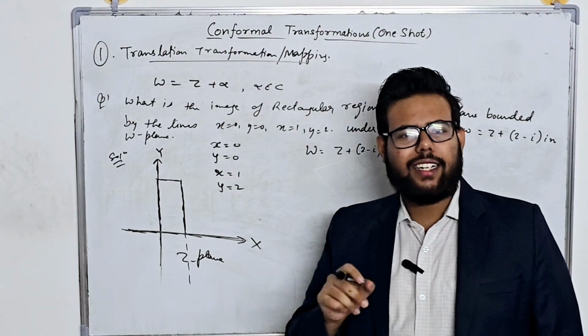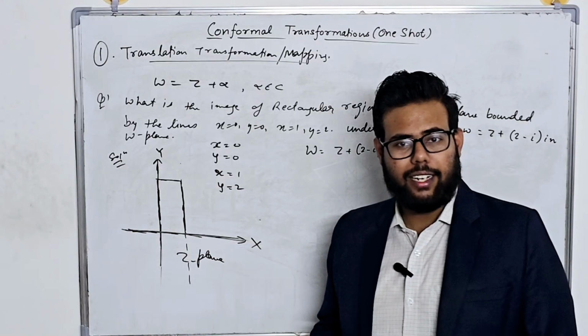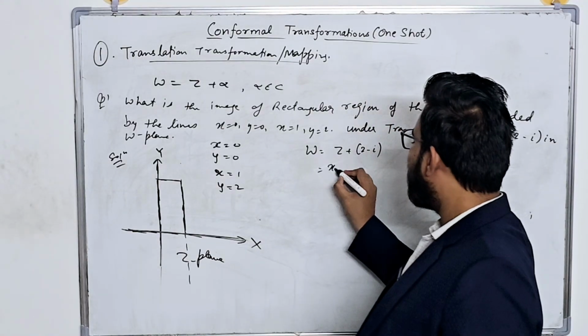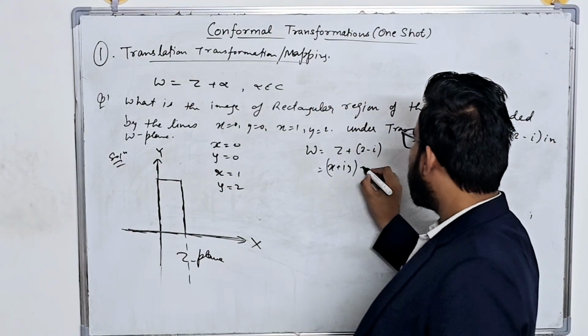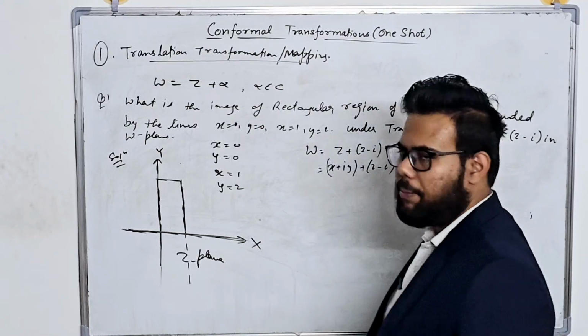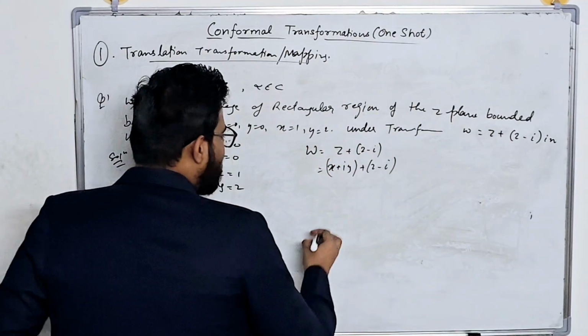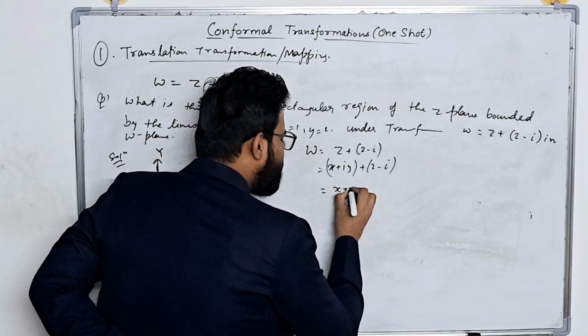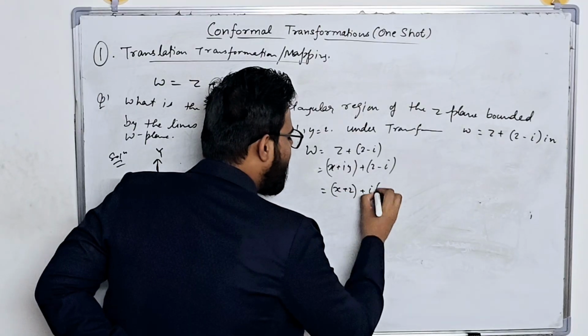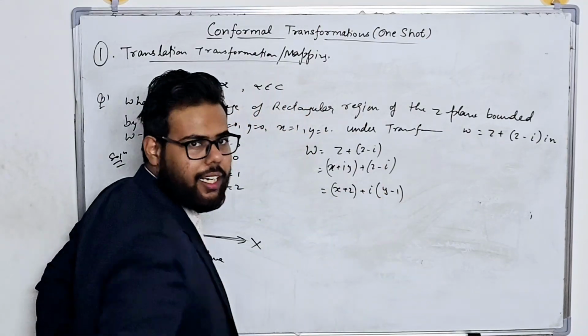Now we all know that z is equal to x plus iy, so it is equal to x plus iy plus 2 minus i. Now we can say it is equal to x plus 2 plus i times y minus 1, correct?